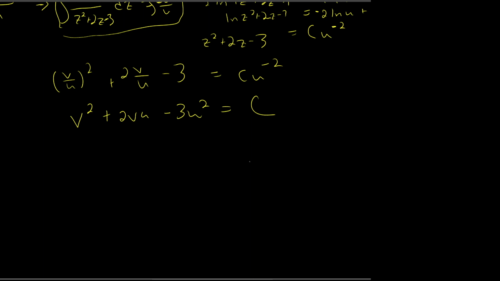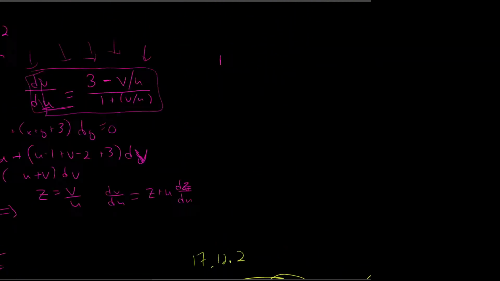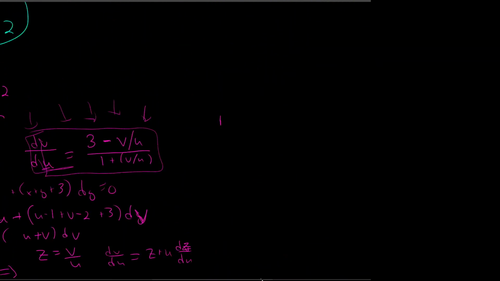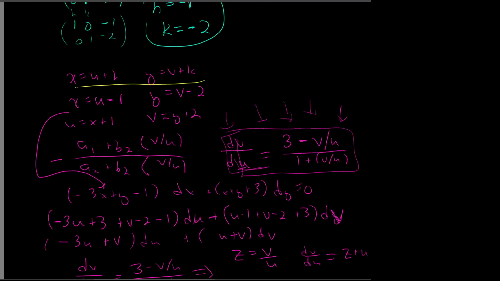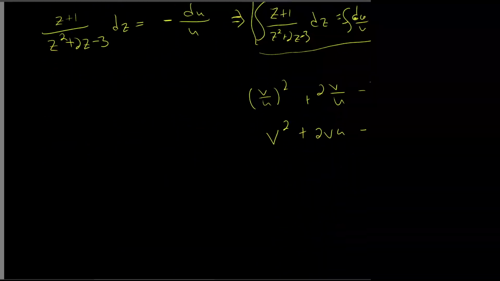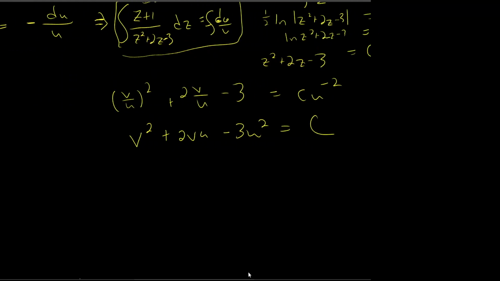We started this whole thing way, way, way up here with these translations. Right? And so we say y is v minus 2 and x is u minus 1, or v is y plus 2 and u is x plus 1. So I'll get back down over here.